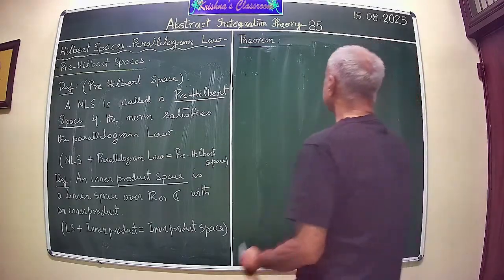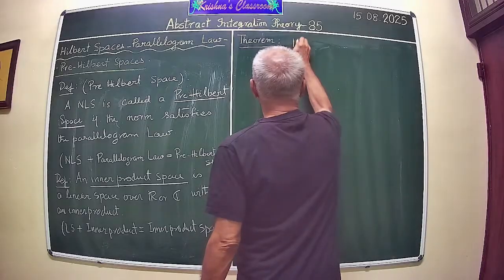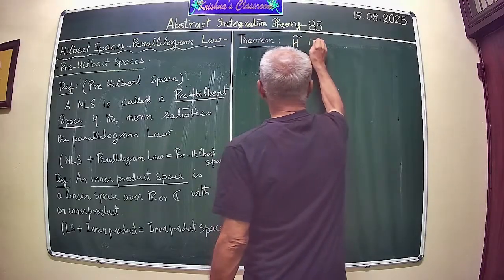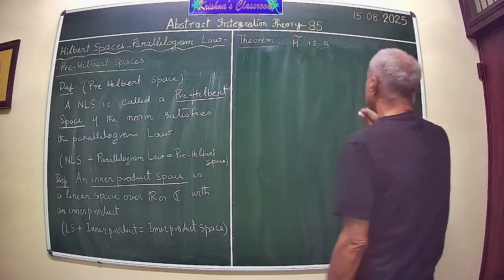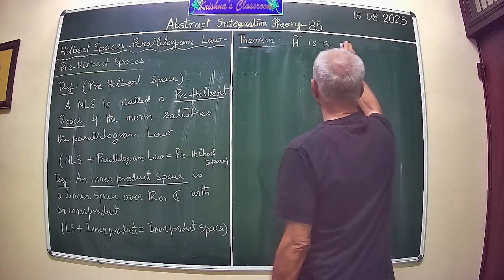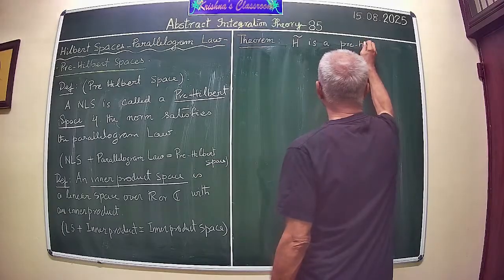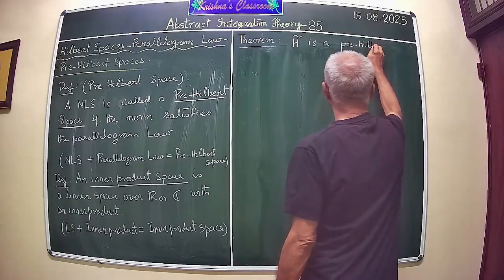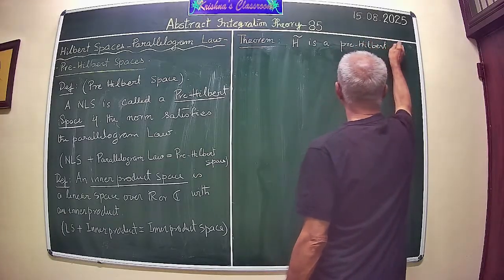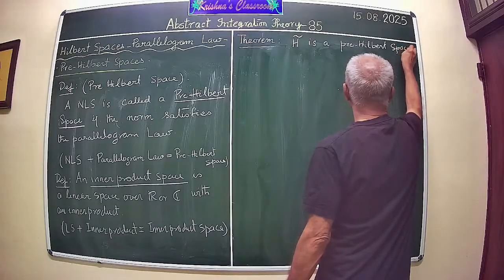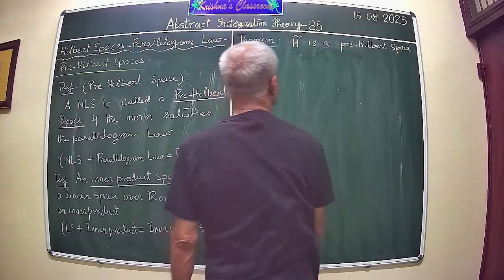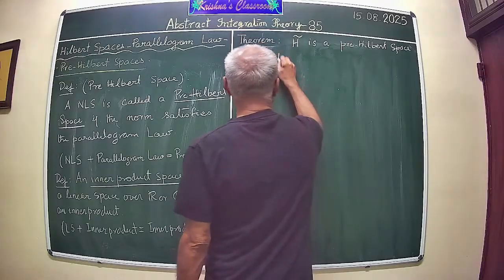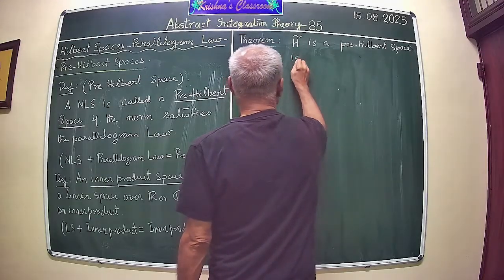H is a pre-Hilbert space if and only if it is an inner product space.